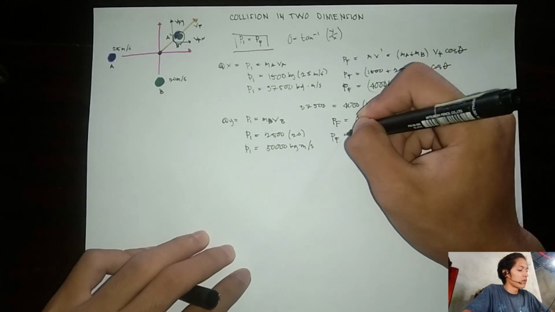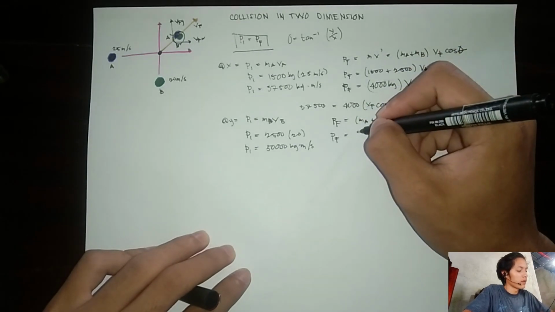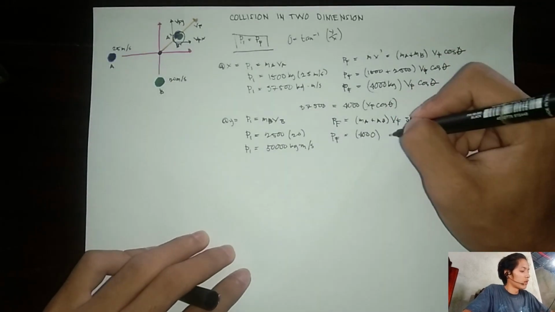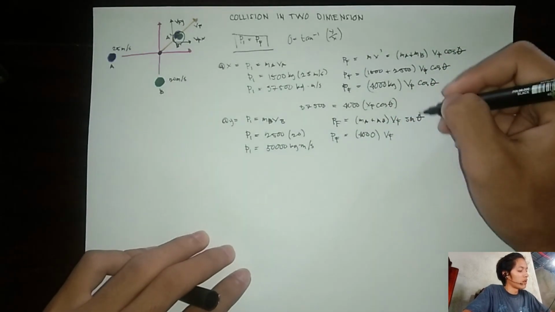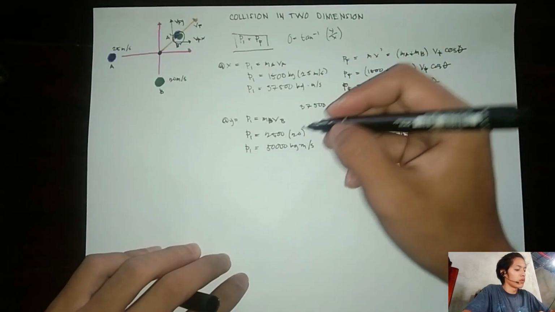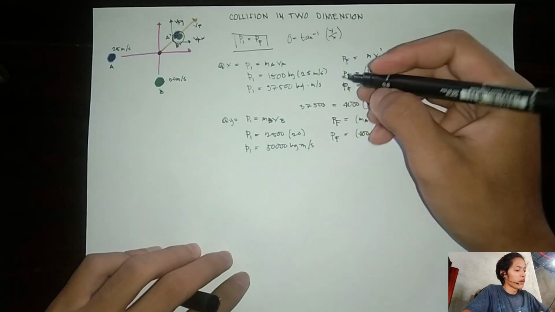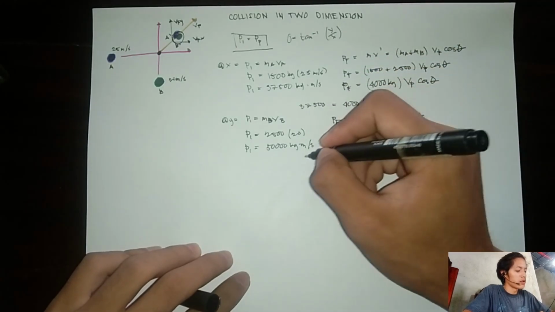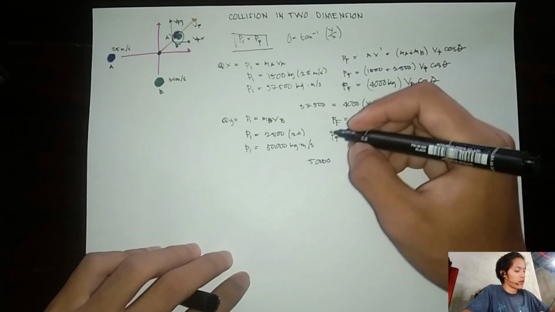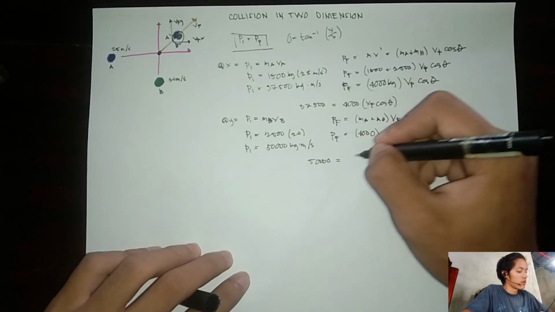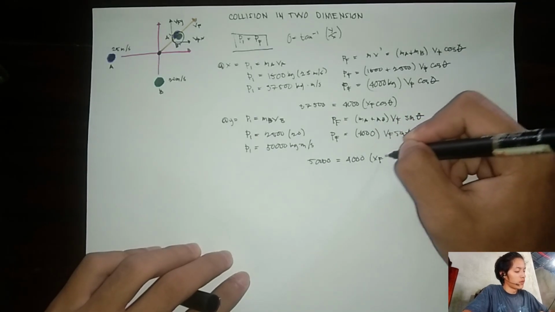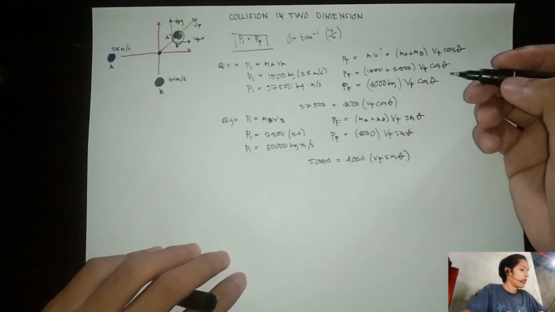Momentum final is equal to 4,000 nga ulit to, times velocity final sine theta. So, dito sa y component, meron tayong conservation of momentum na 50,000 is equal to 4,000 velocity final times sine theta.